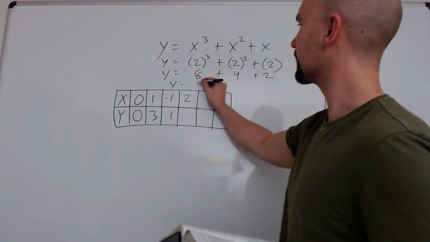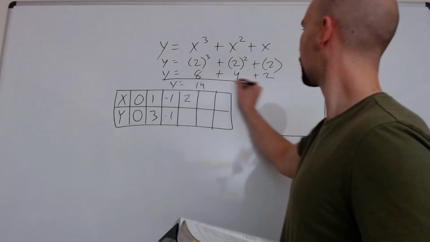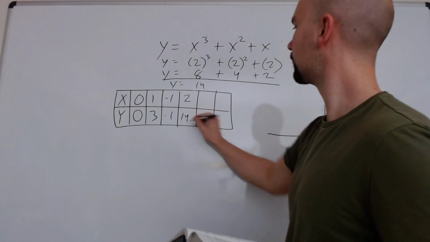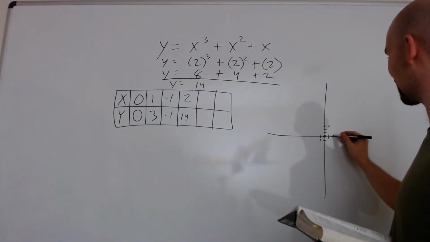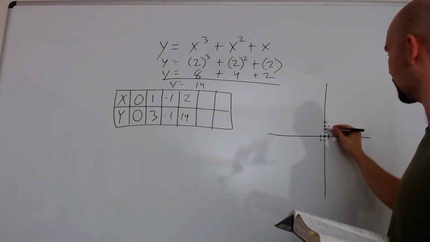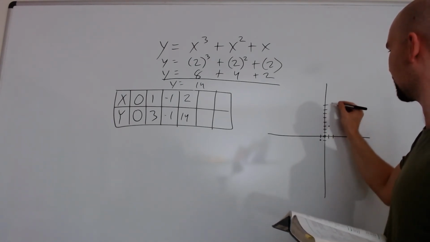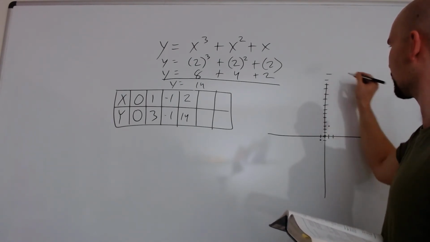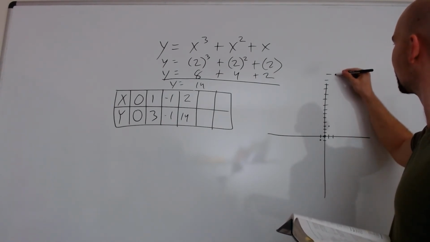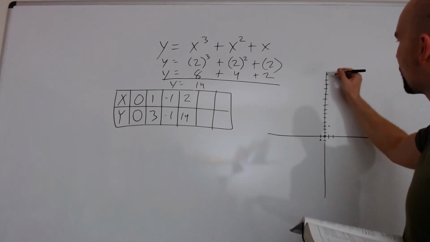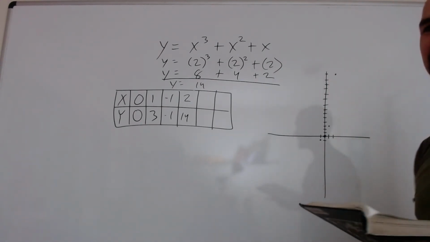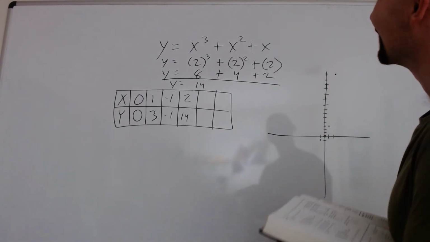That'll give me 14. All right, that's going to be a little time consuming. 1, 2, 3, 4, 5, 6, 7, 8, 9, 10, 11, 12, 13, 14. Need to extend my y-axis. There we go. So that's pretty steep. That's very steep.